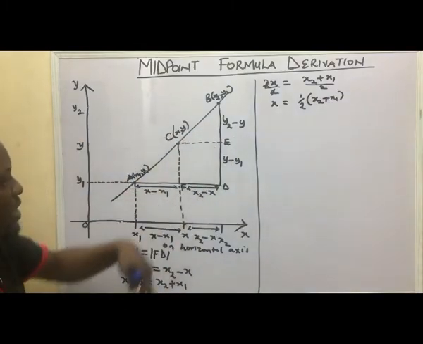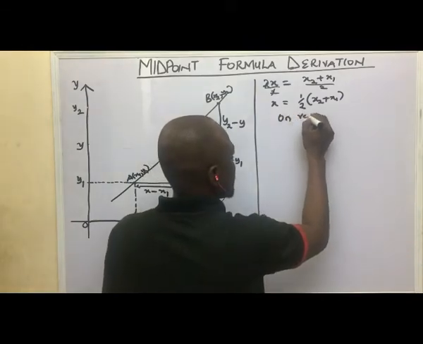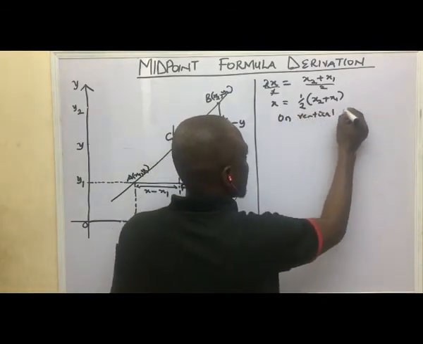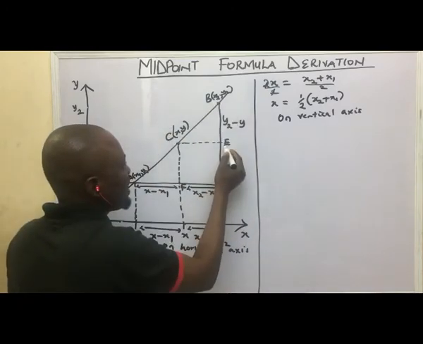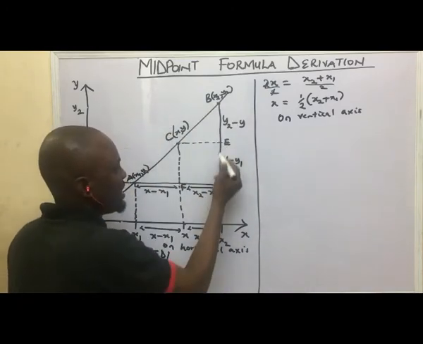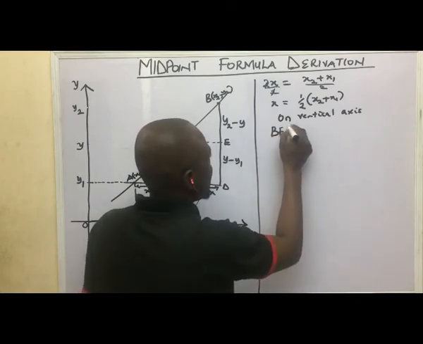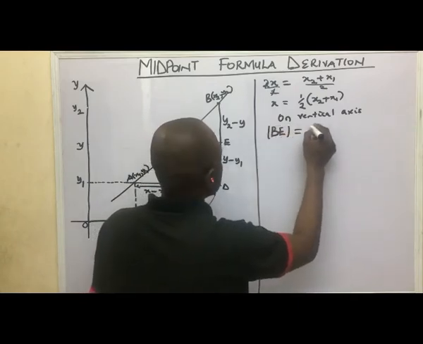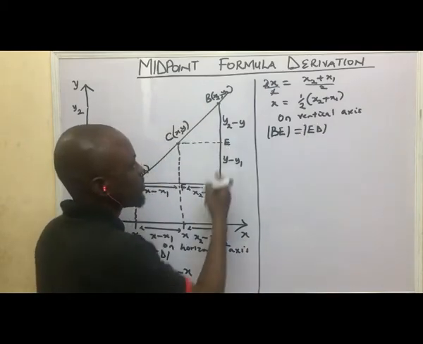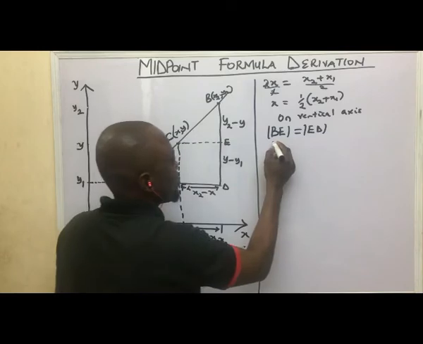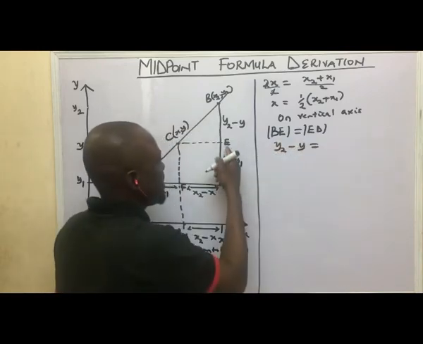I'll do the same thing here on the vertical axis. So I'm going to write on the vertical axis. Now, BE is equal to ED. So I'm going to write BE is equal to ED. Now I'm going to equate what I have in BE, which is y sub 2 minus y, equals ED.